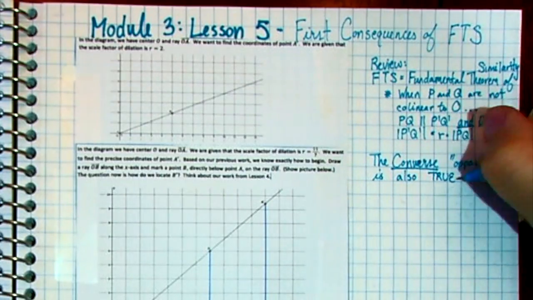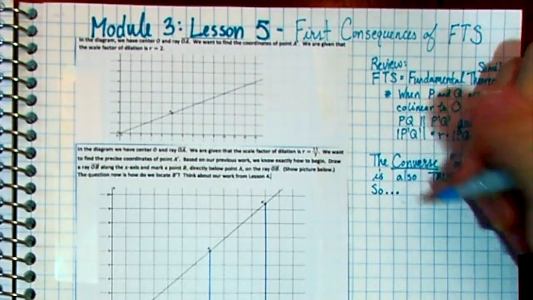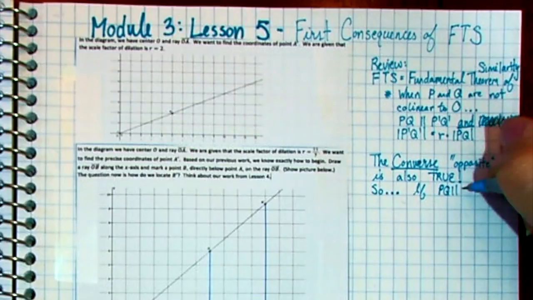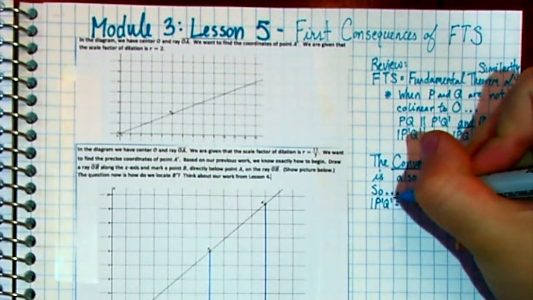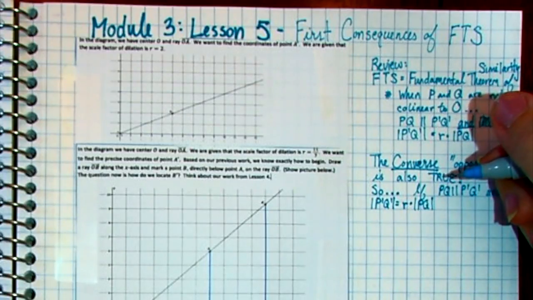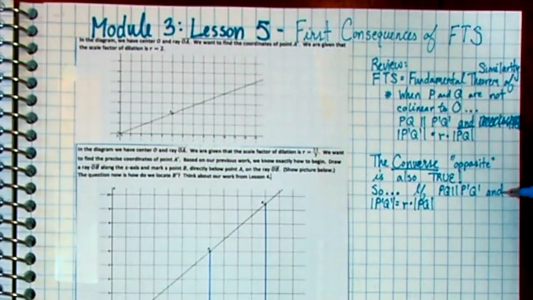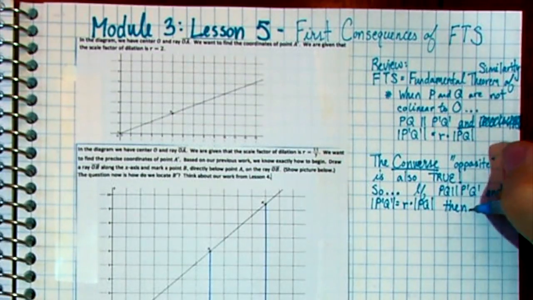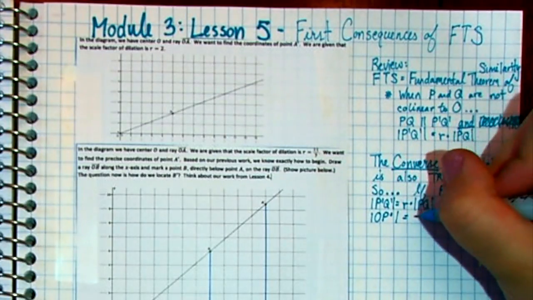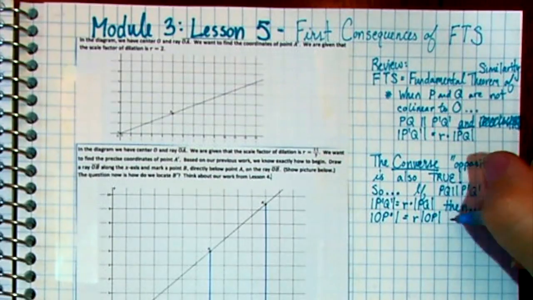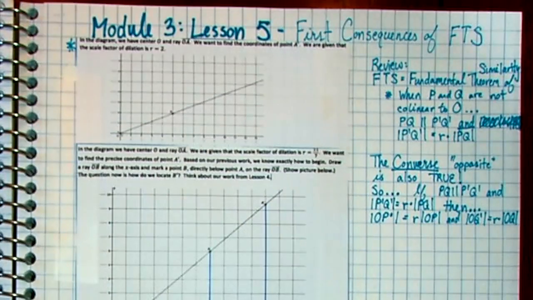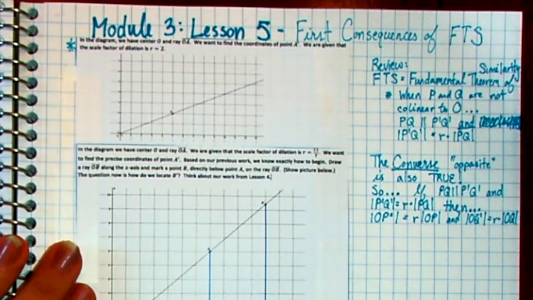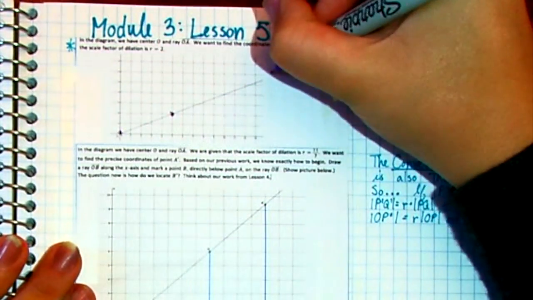So if we know that PQ is parallel to P prime Q prime, and we also know that the distance between P prime Q prime is equal to the scale factor times the distance between P and Q, then we can assume that the distance between O and P prime equals R, my scale factor, times the distance between O and P. And the same thing for O and Q. The distance between O and Q prime is equal to R times the distance between O and Q. So we reversed the fundamental theorem of similarity, and we're going to use that to solve some problems about how to locate coordinate points.